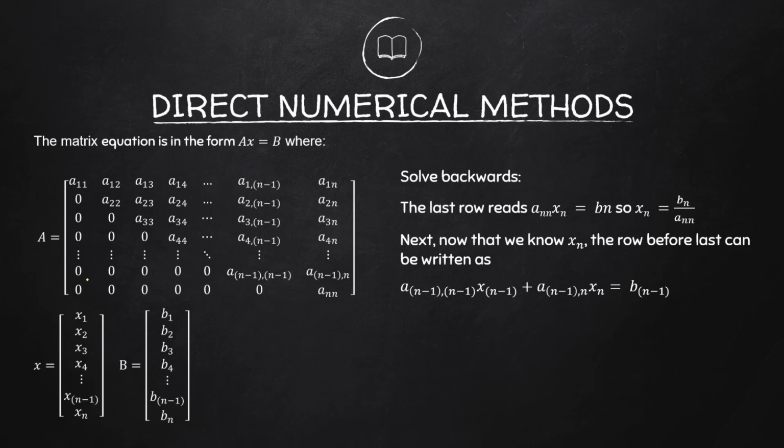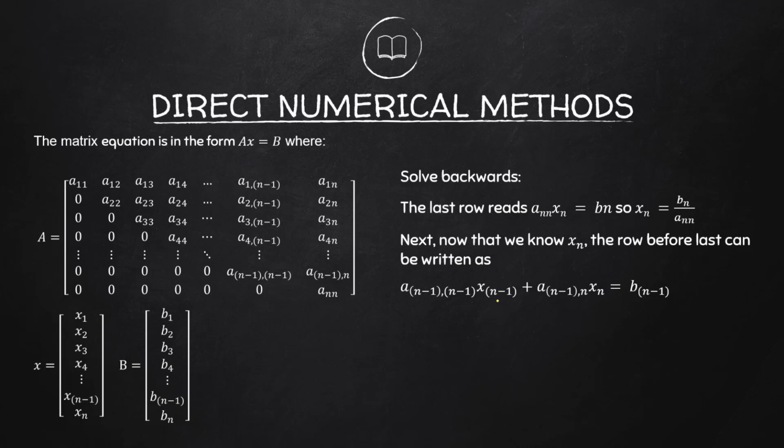That would be using row column multiplication. This would be 0 times x1, 0 times x2, and so on and so forth until you arrive with this one, an minus 1 n minus 1 multiplied by xn minus 1. That would be added to an minus 1 n times xn, because that is a row by column multiplication, and that should be equal to bn minus 1.